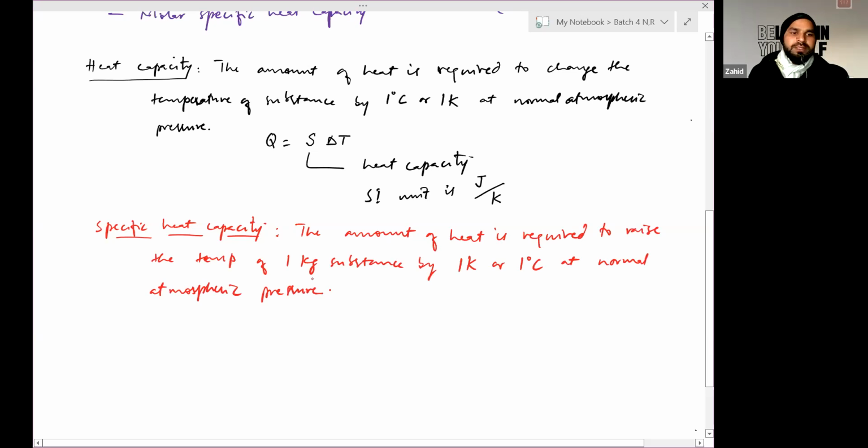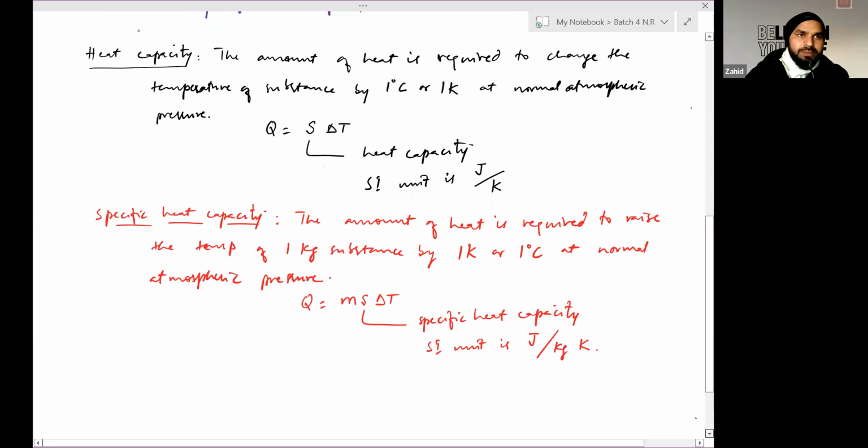I will define later the impact of atmospheric pressure on these quantities. So Q equals mass of substance times specific heat constant times change in temperature. So this small s is called specific heat capacity. Its SI unit is joule per kg per Kelvin.